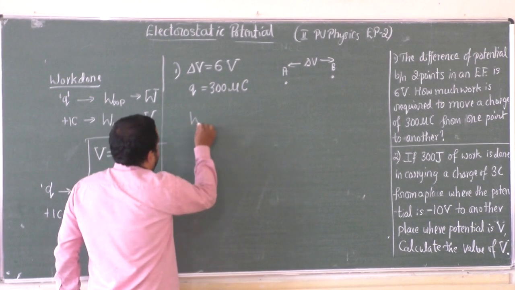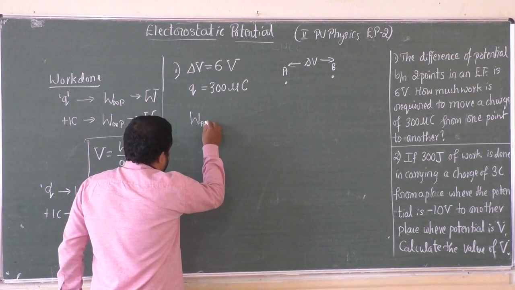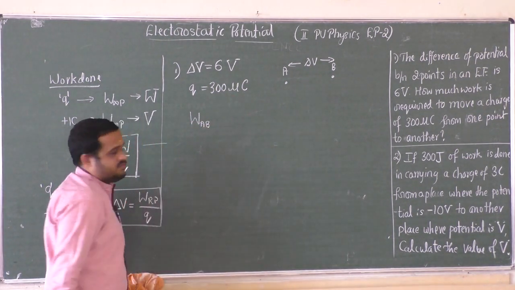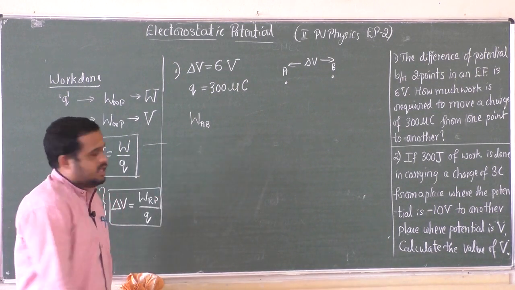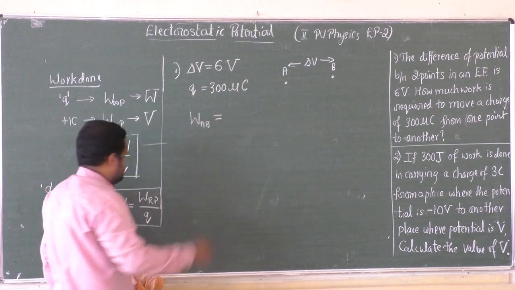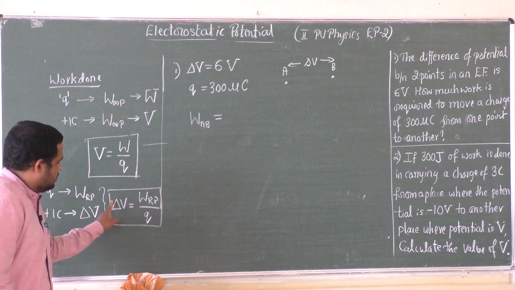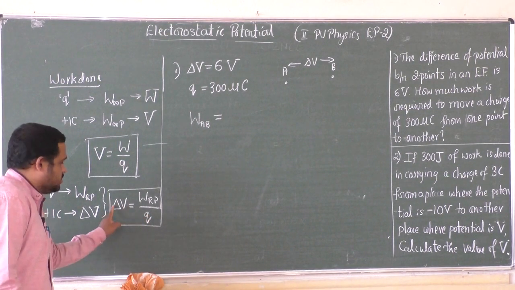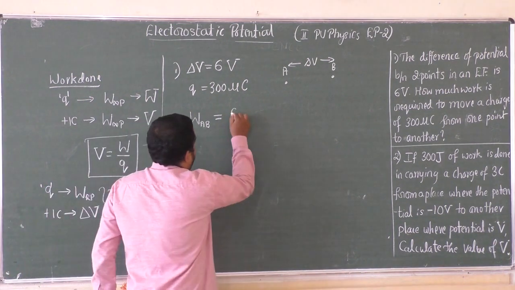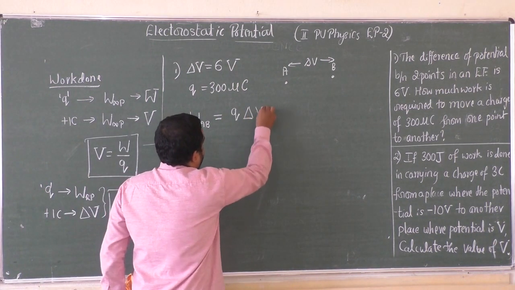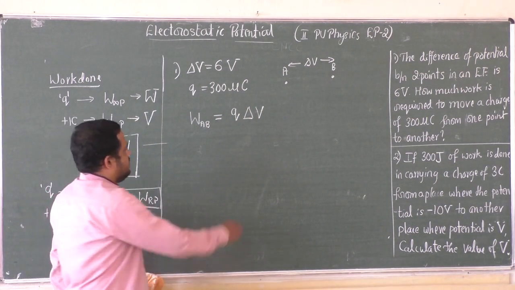So amount of work done in shifting the charge 300 microcoulomb between the points A and B is equal to, direct formula it is equal to Q. If you take this Q into left hand side, the equation becomes Q into delta V. Substitute the values.